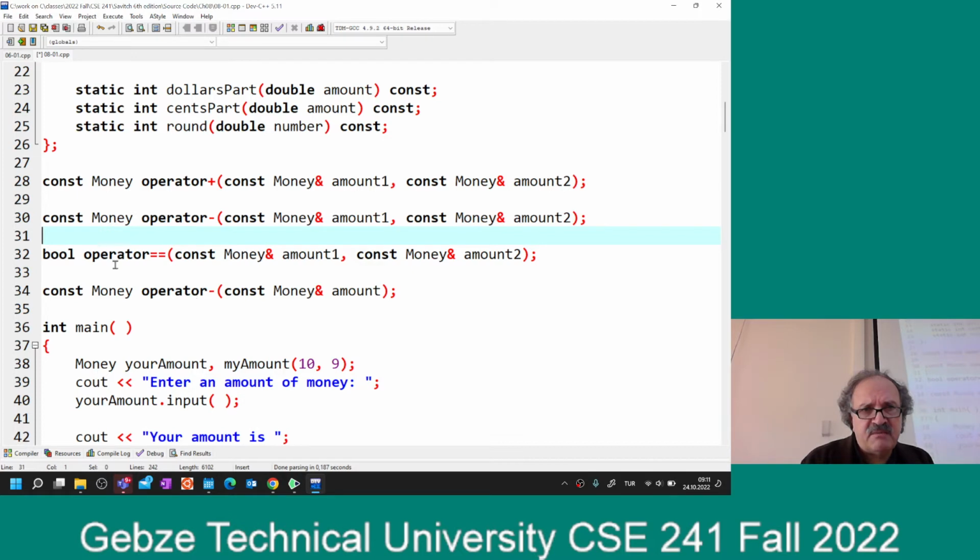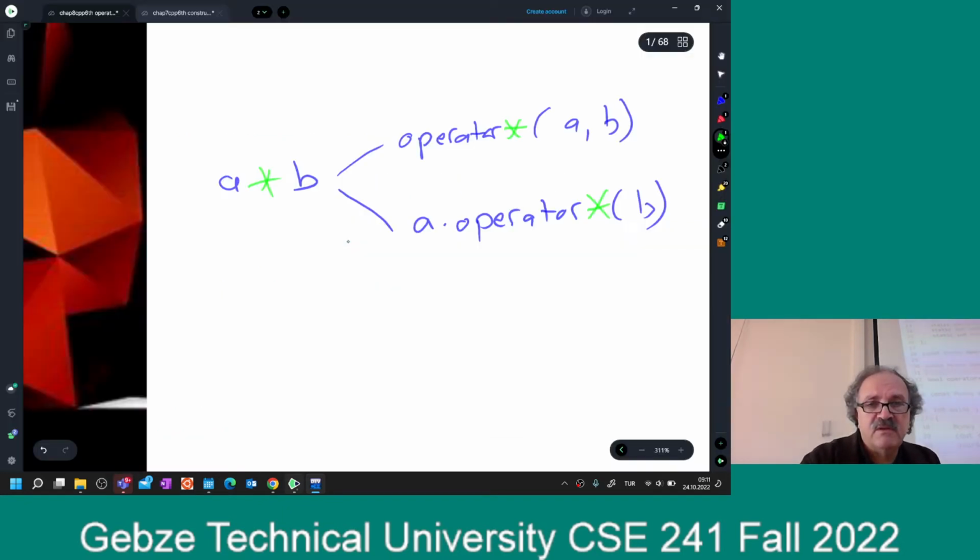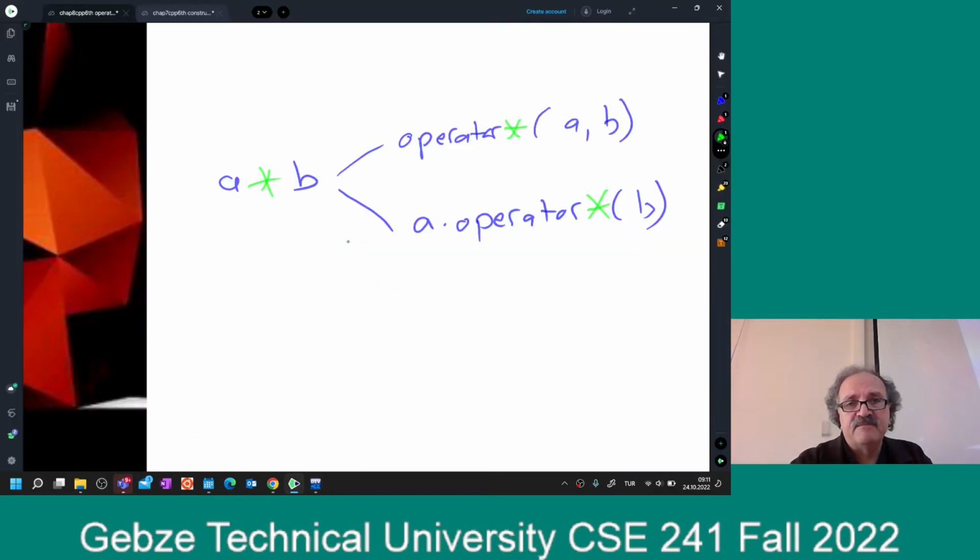What is the difference between line 30 and line 35? Operator minus, return money. One of them takes a single parameter, the other one takes two parameters. The difference is that one of them will be called when I do this. I can say money one minus money two. Makes sense, right?